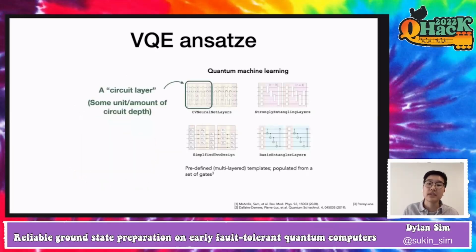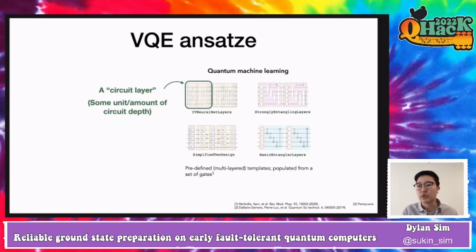And so specifically, a lot of these multi-layered circuits have this unit cell or a circuit layer to them, some unit or amount of circuit depth that you repeat up to some k times in the hopes of generating a more flexible circuit. And so I've been really interested in these parameterized quantum circuits for a while.